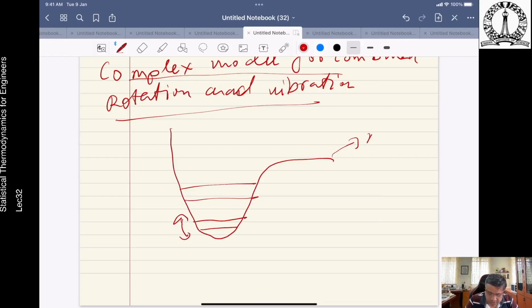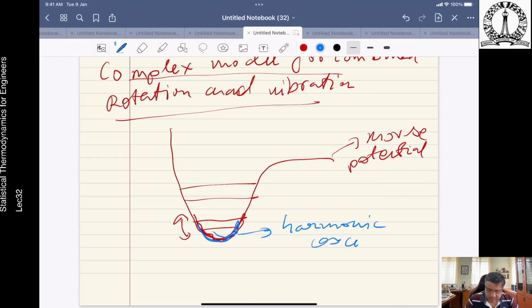This is the Morse potential, if you recall, and this is where the harmonic oscillator did a supposedly good job. So the harmonic oscillator did a good job only in the lower part of the spectrum. It did a very poor job at the upper part, with the higher vibrational energies.